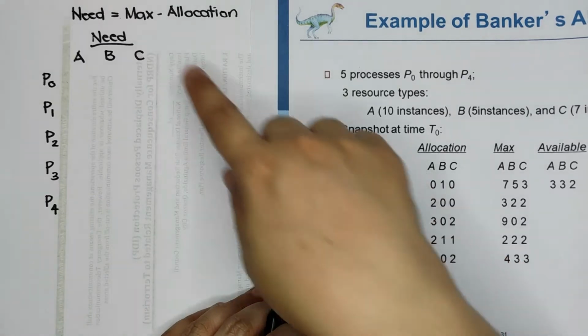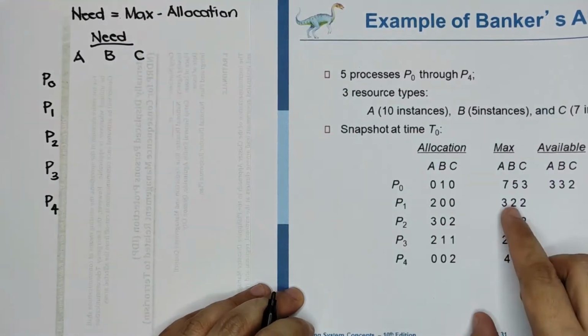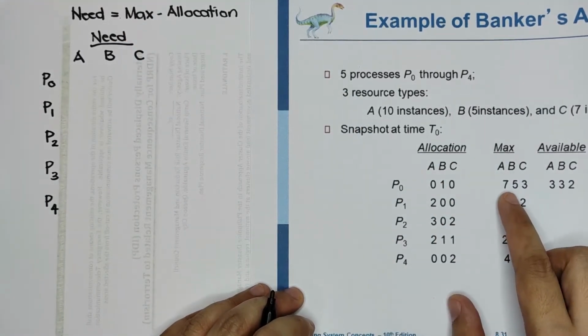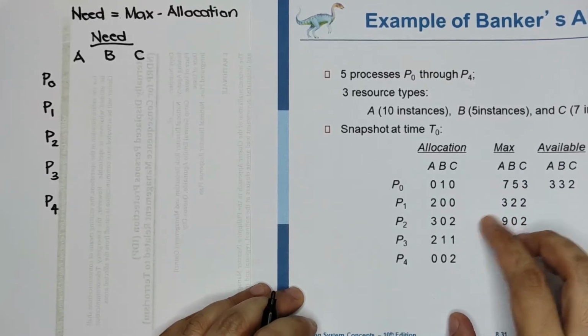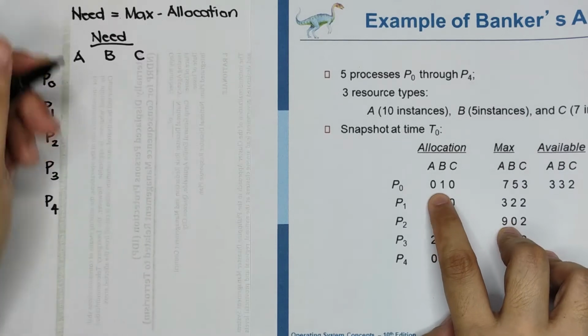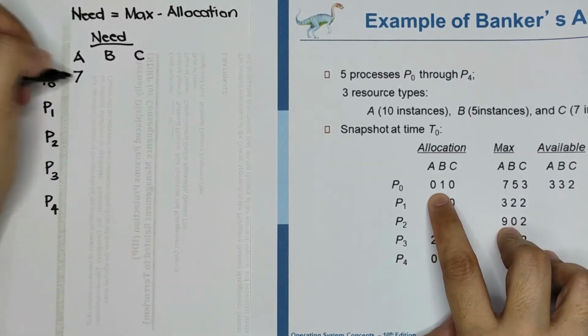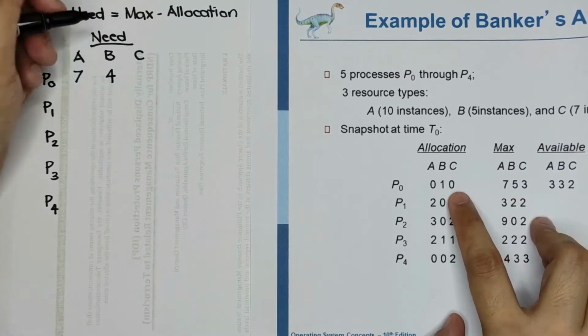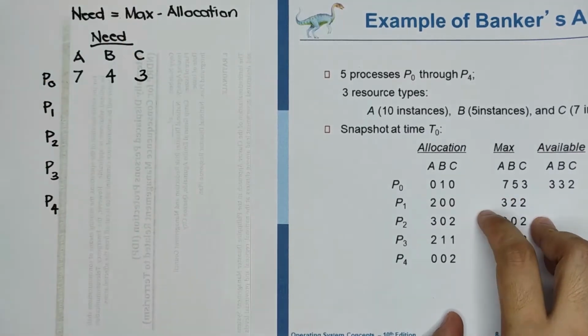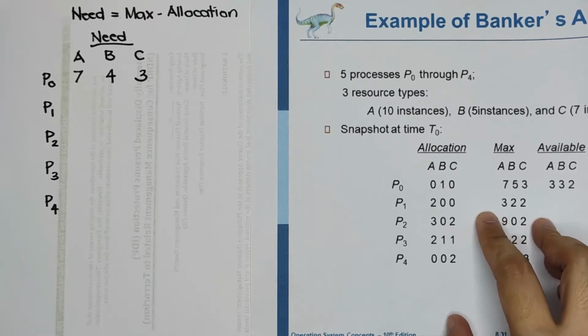Again, need is equal to max minus allocation. So let's subtract A from A, B from B, and C from C. For P sub 0, 7 minus 0 is 7, 5 minus 1 is 4, and 3 minus 0 is 3. So for P sub 0, the needed resources for A, B, and C are 7, 4, 3.